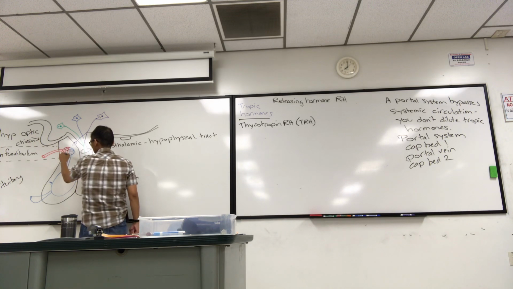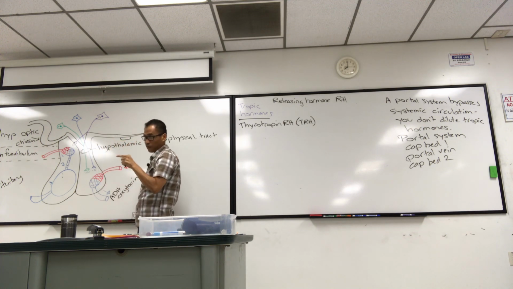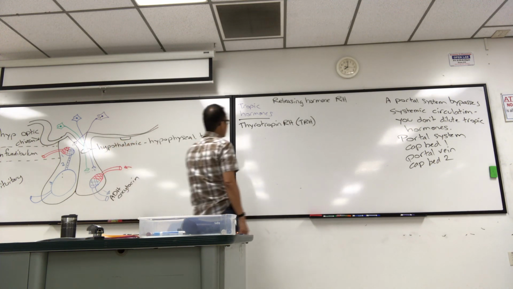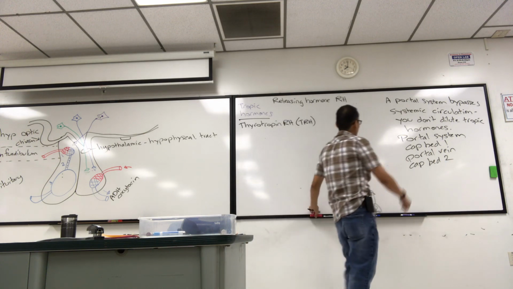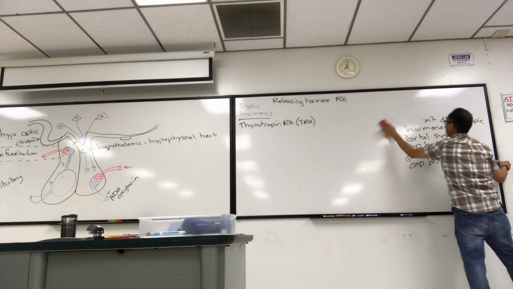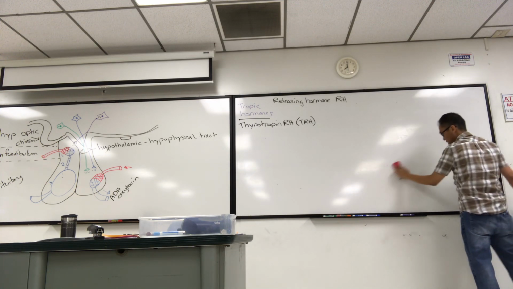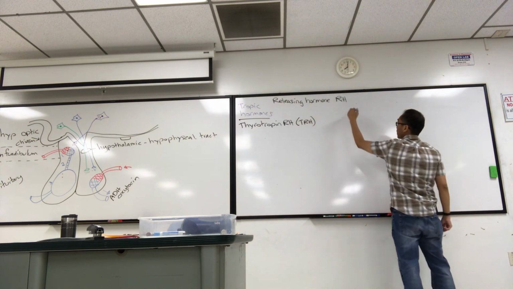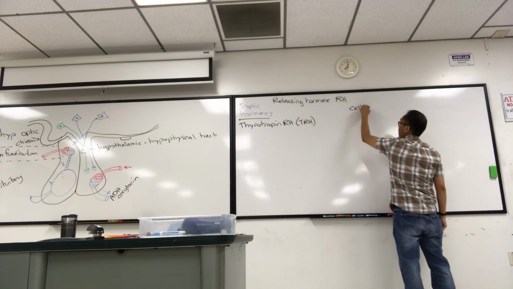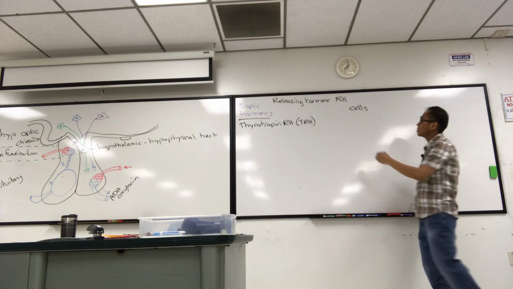So it gets into there, it goes to cap bed 2 through the portal vein, and it gets there, and there's cells called thyrotropes in the anterior pituitary. So I'm going to erase this here. All of these cells in the anterior pituitary are what we would call the target cells.